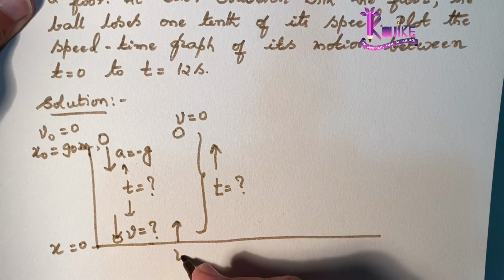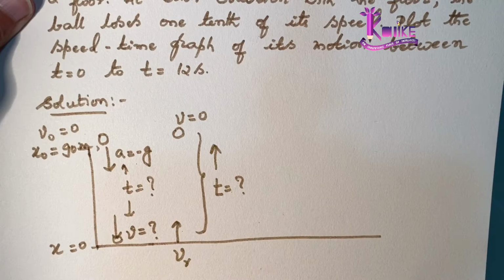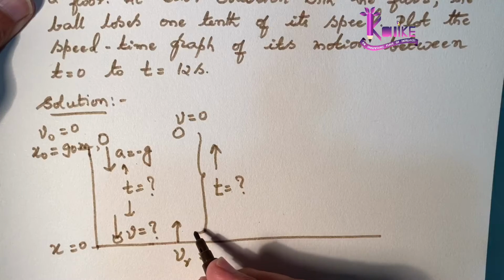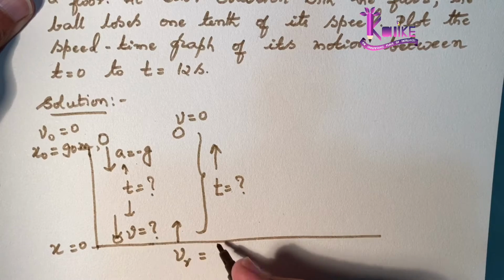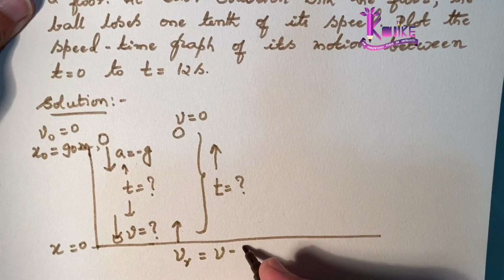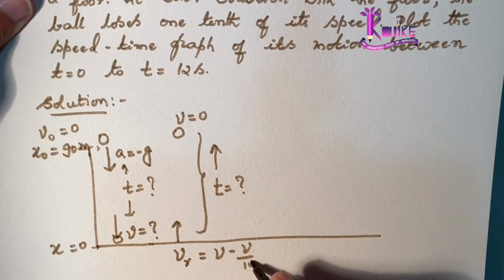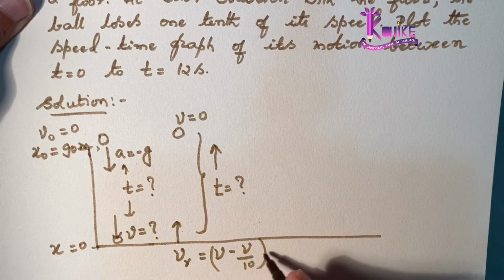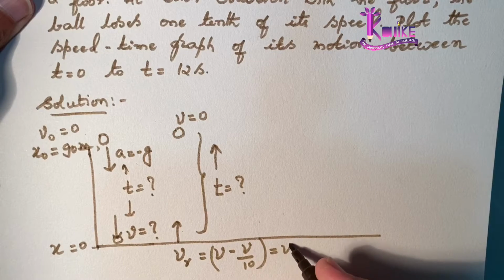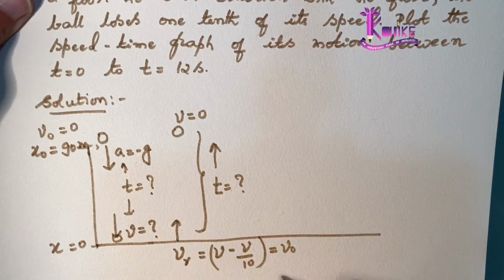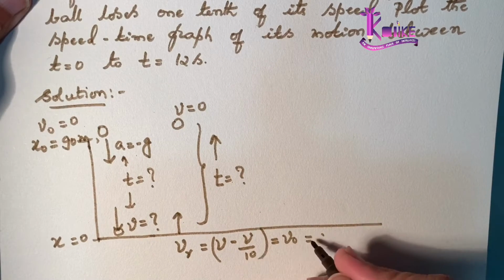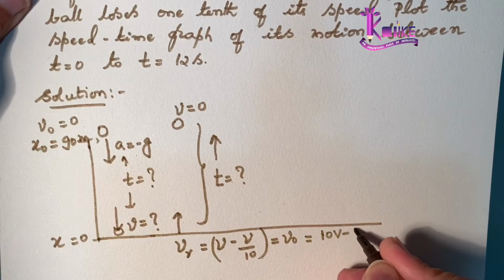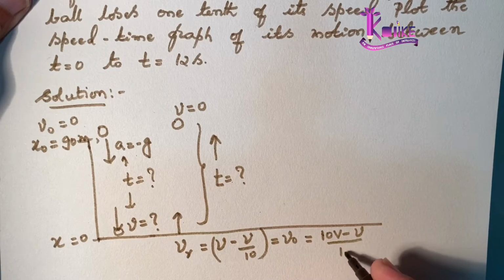So the rebound velocity, if I call it VR, it says that every time it rebounds it loses 1/10 of its speed. What do you mean by that? So if v is the speed, it loses v by 10th of its speed. So your rebound velocity, which is also nothing but the initial velocity of the ball when it rebounds, should be equal to v minus v by 10, which is nothing but 10v minus v divided by 10.